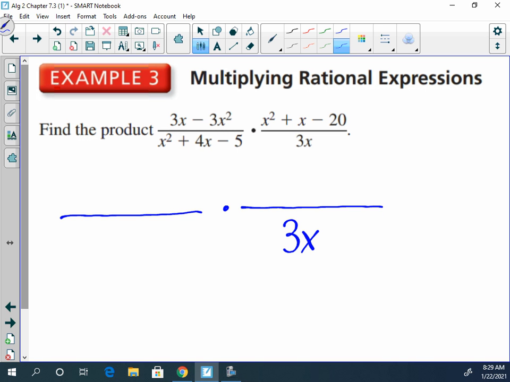Was there a greatest common factor between those two terms? And that would be 3x. So we can factor 3x out of this here, and 3x factored out of 3x would be 1, minus 3x squared factors out completely. And if I take an x away from x squared, I'm just left with x.